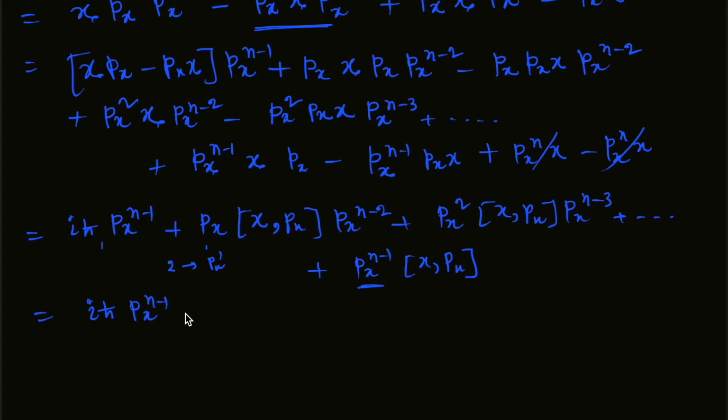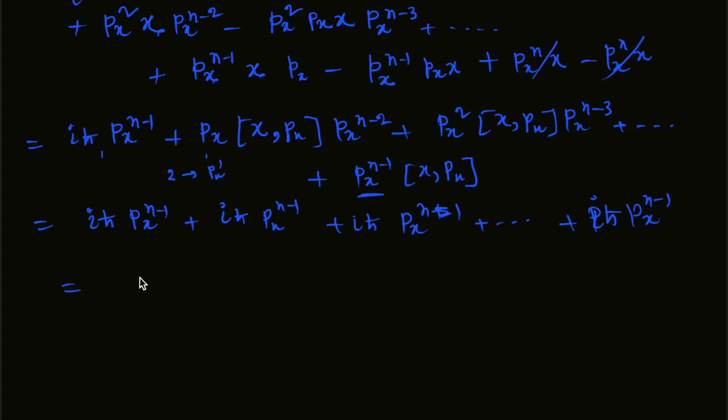That will be also I h cut px n minus 1. This also again I h cut px square into px to the power n minus 3. That will be px n minus 1, plus dot dot dot. In this manner we have to add n such terms px n minus 1. So we'll get I h cut n px n minus 1.